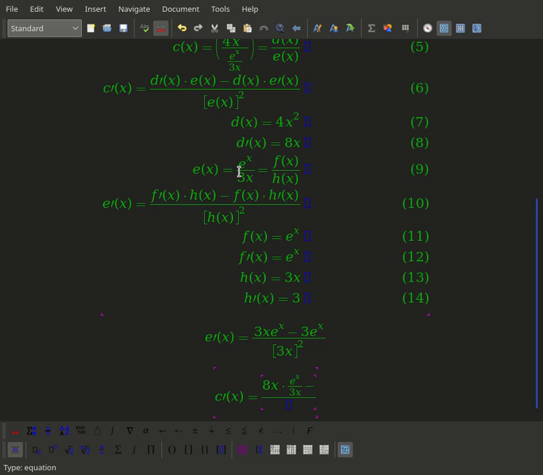That's minus d of x, which is 4x squared, times e prime, which is that handy little chunk right there.